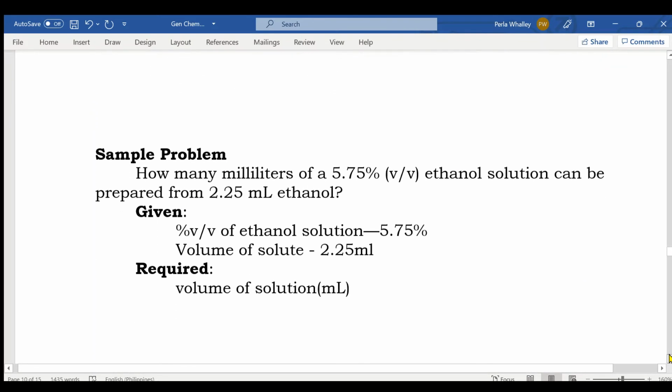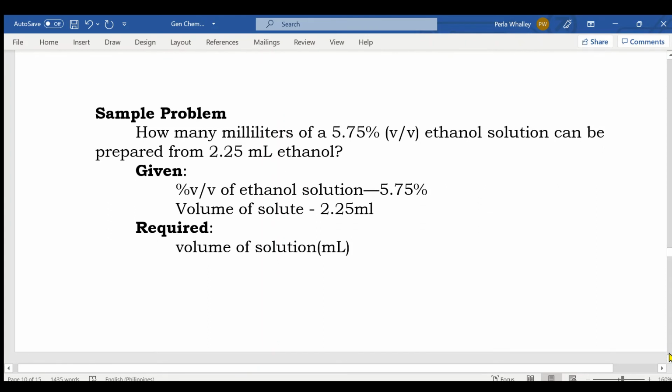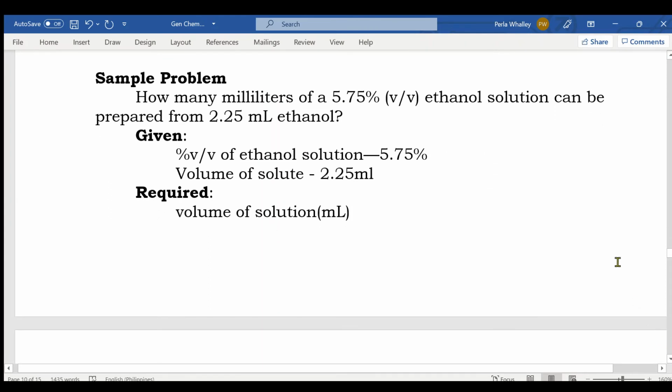Sample problem. How many milliliters of a 5.75% v over v ethanol solution can be prepared from 2.25 ml ethanol? Given: percent v over v of ethanol solution is 5.75%.